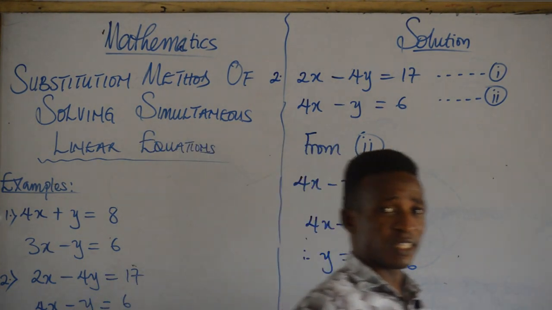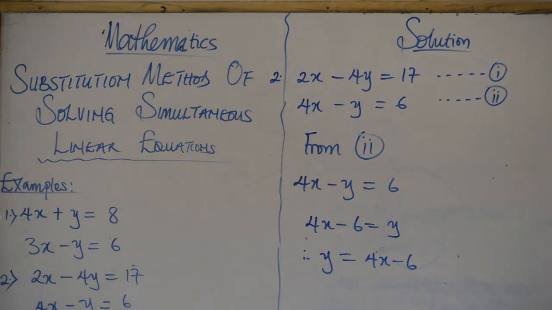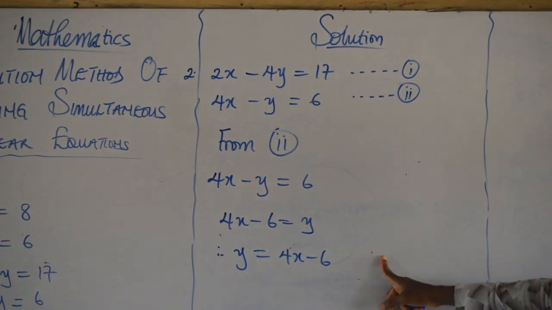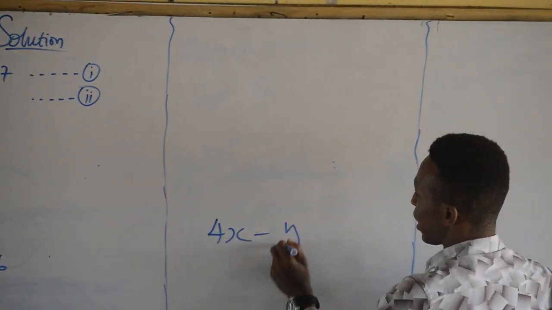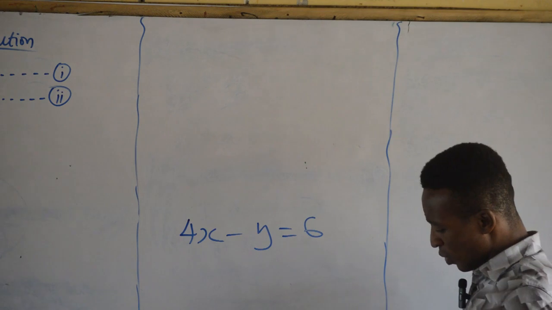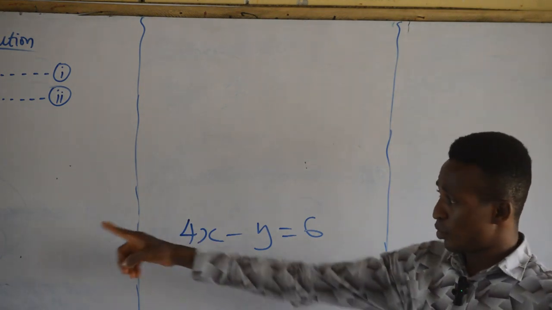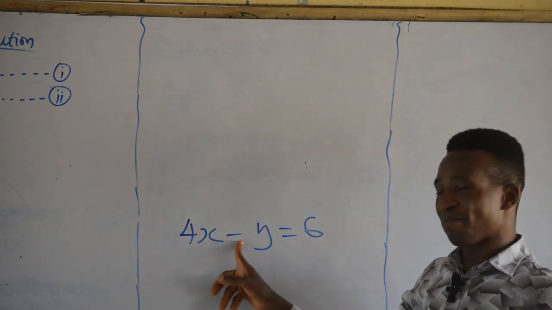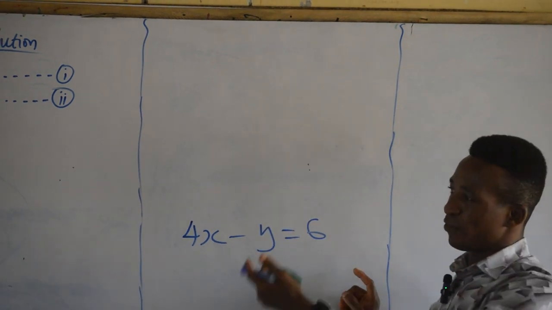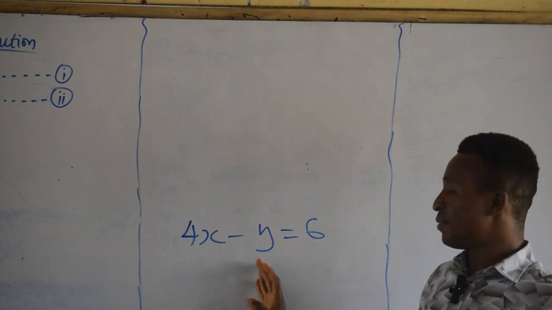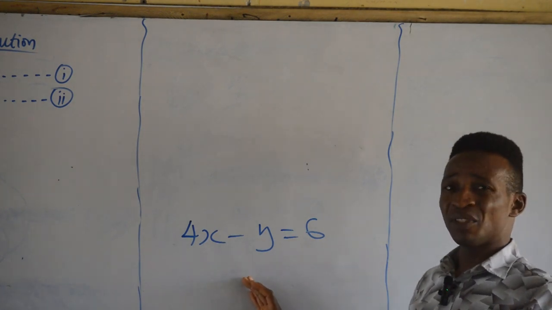Let me quickly do something here so that you see the other way I used in collecting the like terms. We have 4x minus y equals 6. What I did from the other side was I only brought this minus y to the right hand side, as opposed to what I told us when we were dealing with the first one, that whatever you want to make the subject of the formula, you leave it on the left hand side.